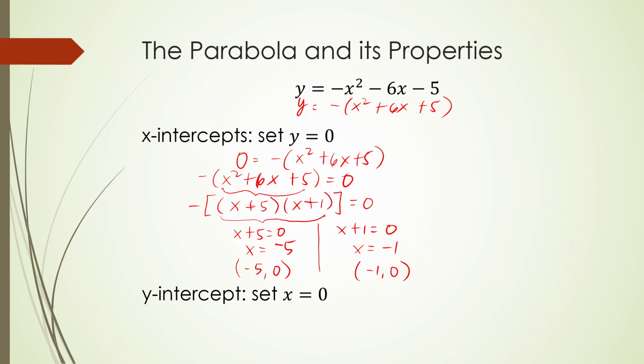So these are the x-intercepts. For the y-intercept, we set x equal to 0, and y is negative 5. The coordinates will be 0, negative 5. I hope that you understand this part.